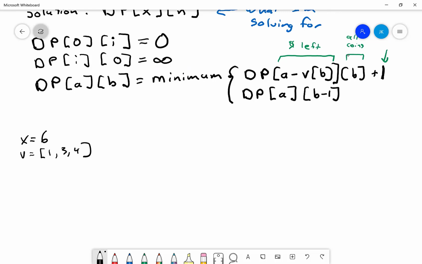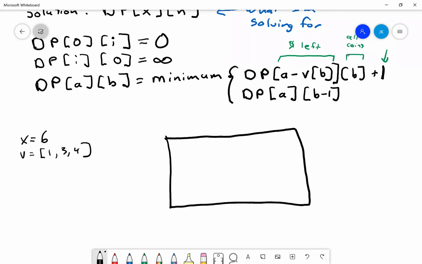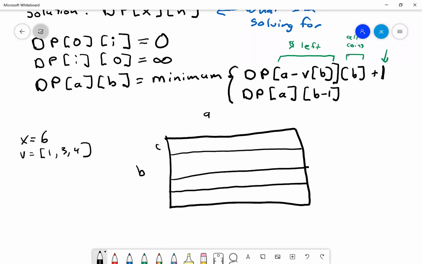Okay, so the way this would work is we can often set up a table, and in this case, I will write A over here and B over here. You can do it however you want. I'll start each of them at 0, although often you won't bother to do the 0 element.